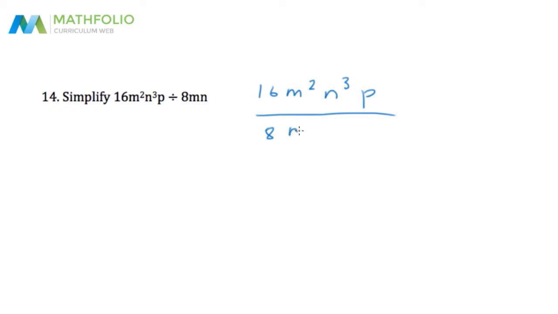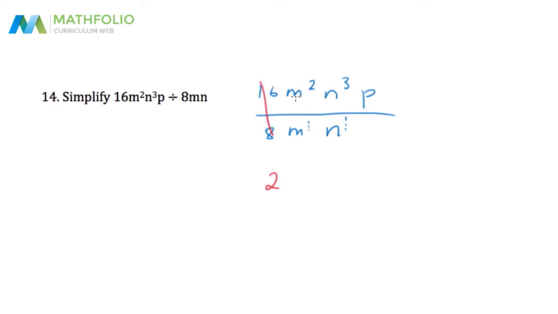Got the m, which is here, and this m is really to the first power. The n is also here to the first power, and there isn't a p. It's just this. So now when I go through this, I can do 16 divided by 8, and that gives me 2.